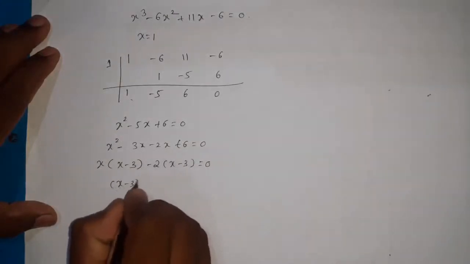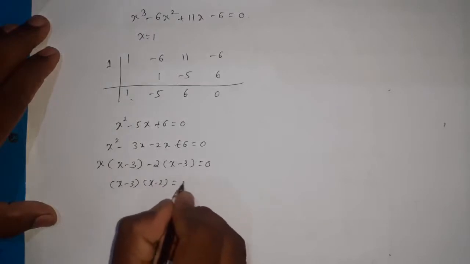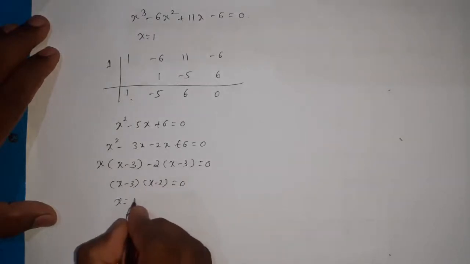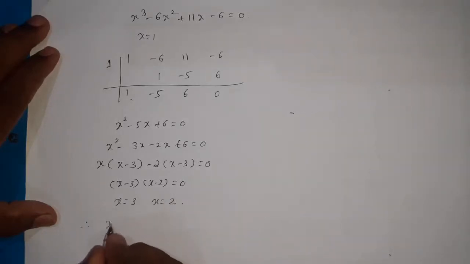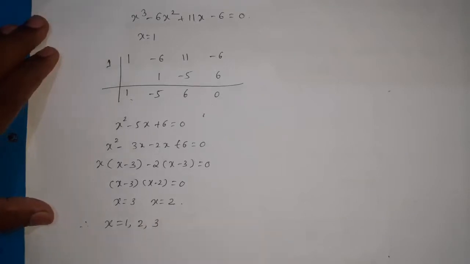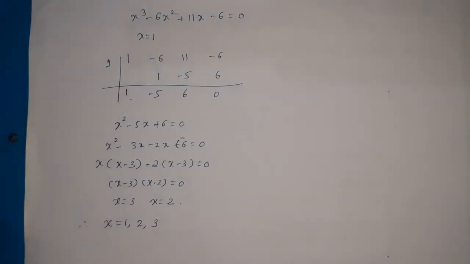So therefore x minus 3 times x minus 2 equal to 0, here x equal to 3 and x equal to 2. So therefore for the given equation x equal to 1, 2, 3. So these three are the roots of the given equation.